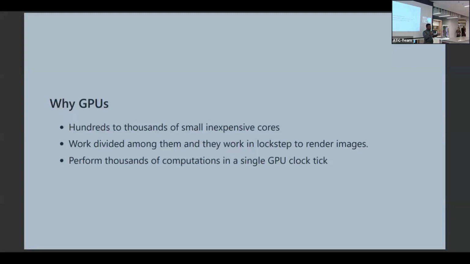So in one clock tick, you will probably perform thousands of calculations on a single GPU instead of one calculation on a CPU. So you can imagine, for pixels where there are thousands of individual colors that need to be calculated, how the GPU speeds that up.